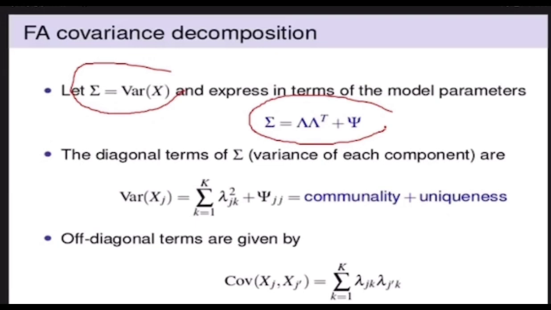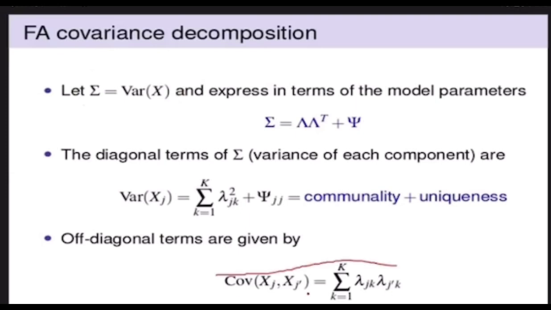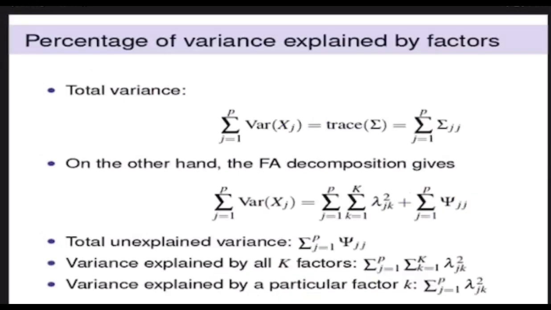Now, in the diagonal terms, the covariance of Xj, Xj is actually that. Now, in a more precise way, I wanted to see what we mean by total variance. The total contribution. Don't forget, we want to maximize variance.